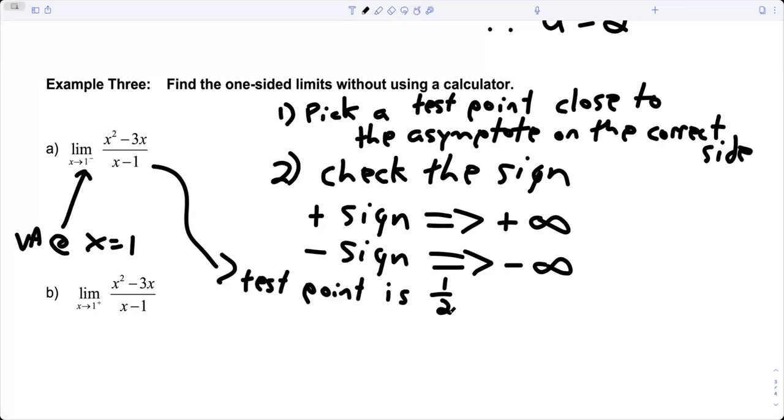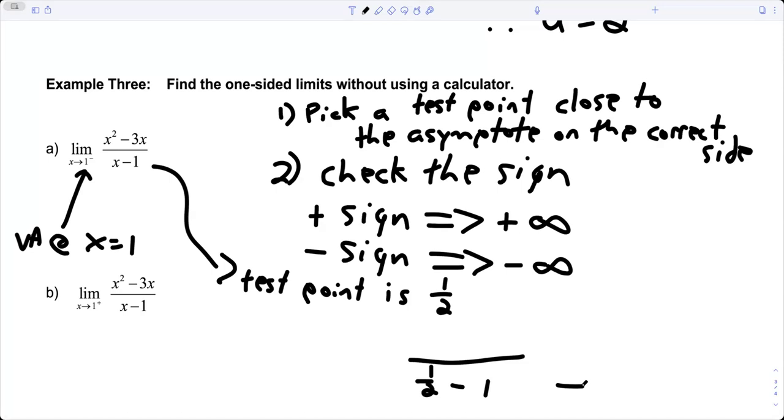Does that make sense? Now I'm going to take 1/2 and plug it into the function and see whether I get a positive value or a negative value. If I plug in 1/2 minus 1 in the denominator, I get a negative value. Does that make sense?